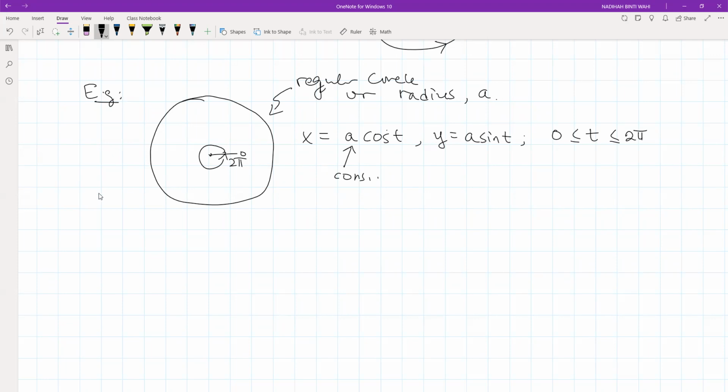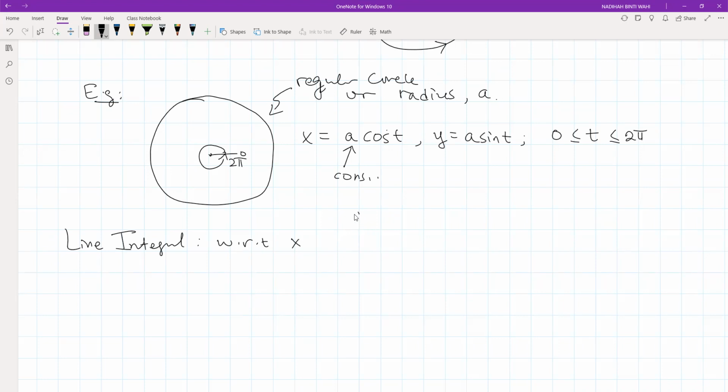Okay, so what is a line integral? There are two kinds. So we have a line integral with respect to x. What does it mean?